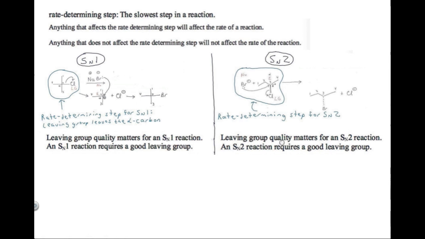And again, we can justify that based on the rate-determining step. The leaving group participates in the rate-determining step for SN1, and the leaving group participates in the rate-determining step for SN2. So the quality of the leaving group affects the rate of both an SN1 and an SN2 reaction. When you use a better leaving group, that makes SN1 reactions faster, and it also makes SN2 reactions faster.